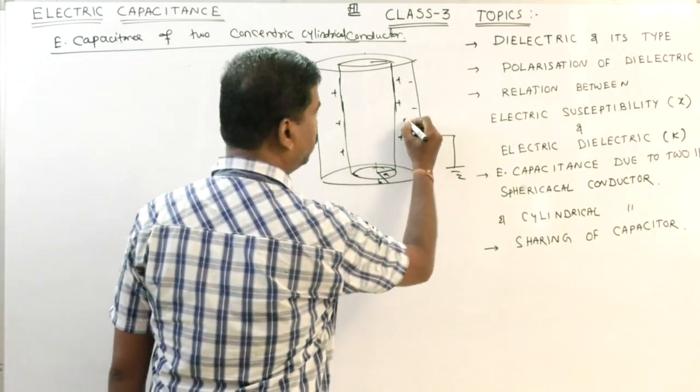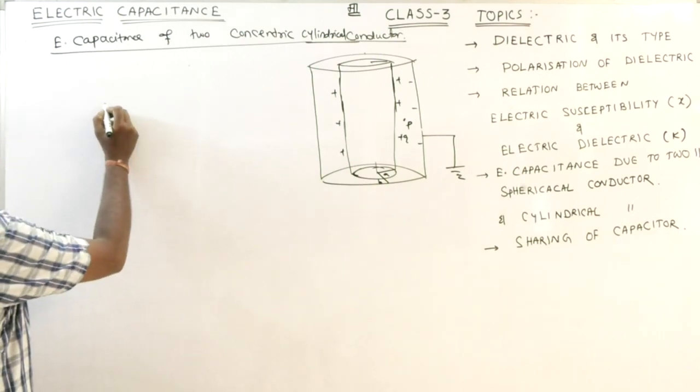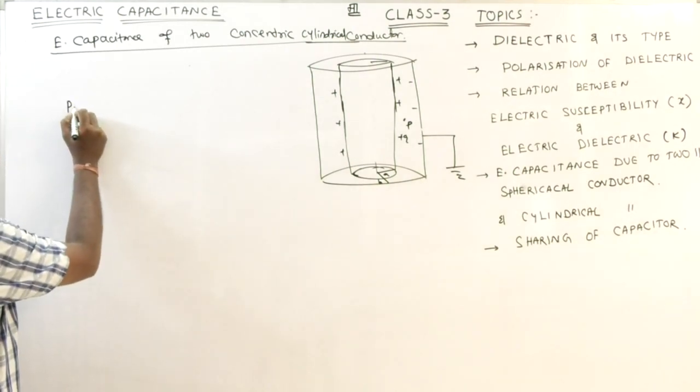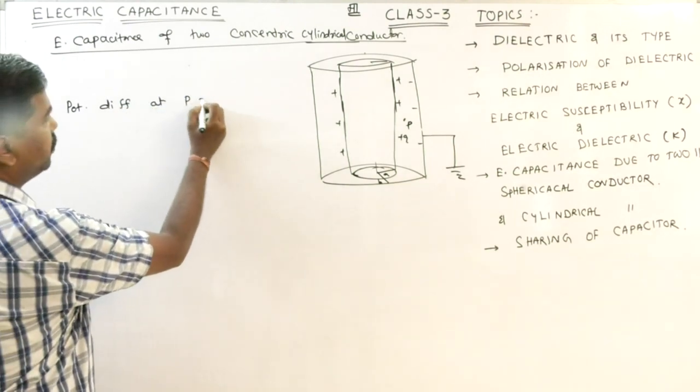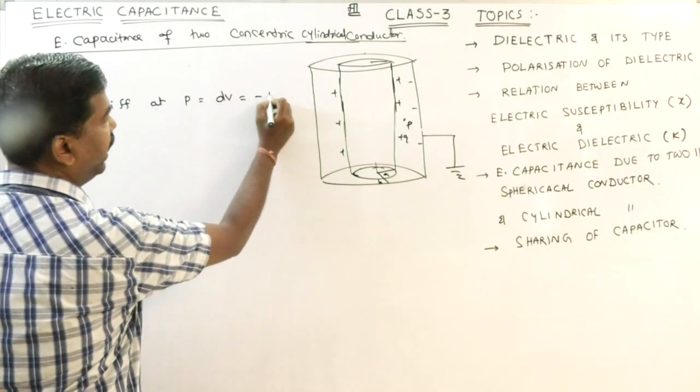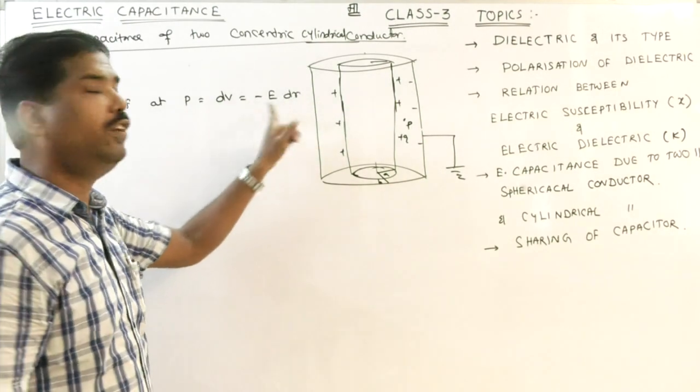Let P be any position in between the two concentric cylinders, then the potential difference at P, dV, is equal to again the negative line integral of electric field.